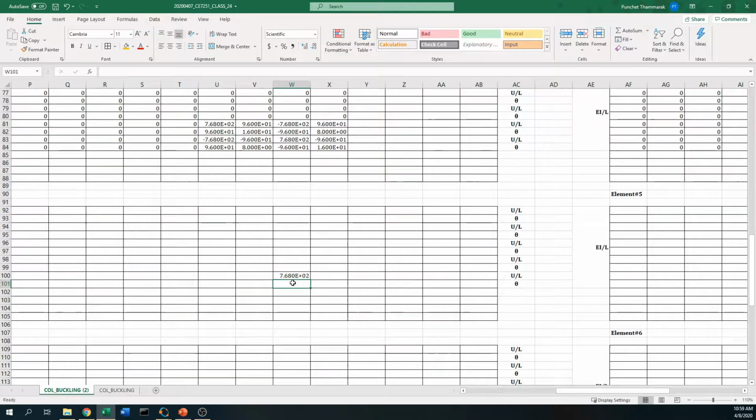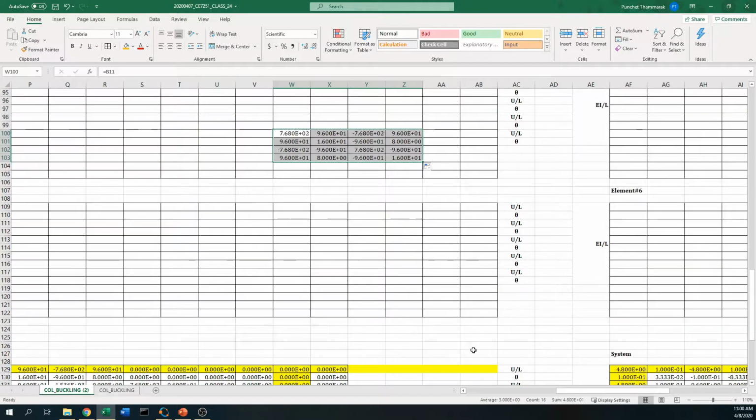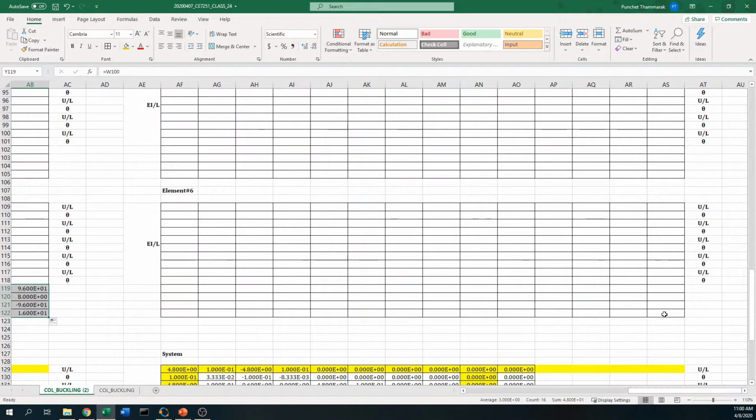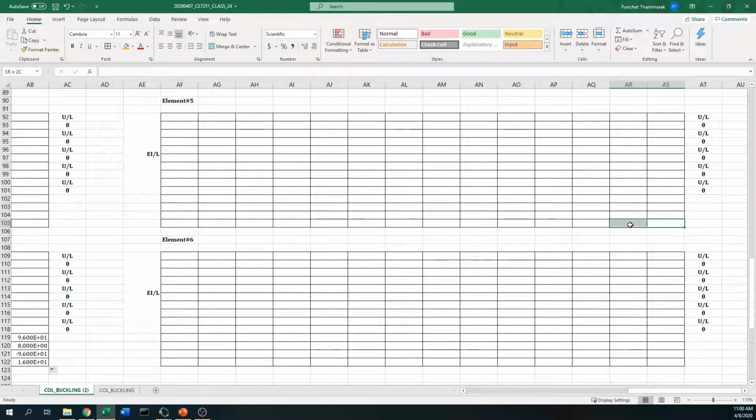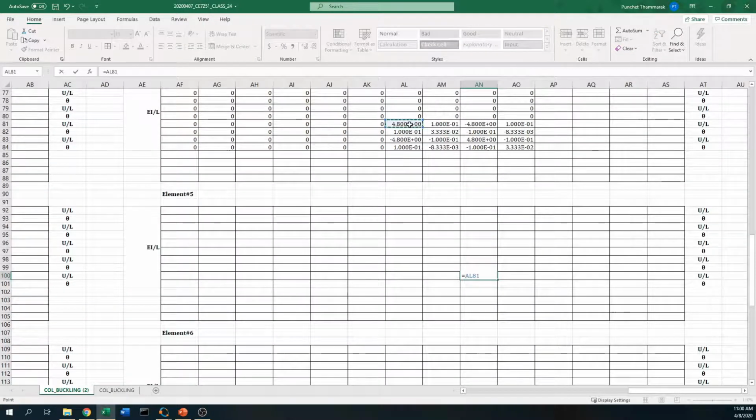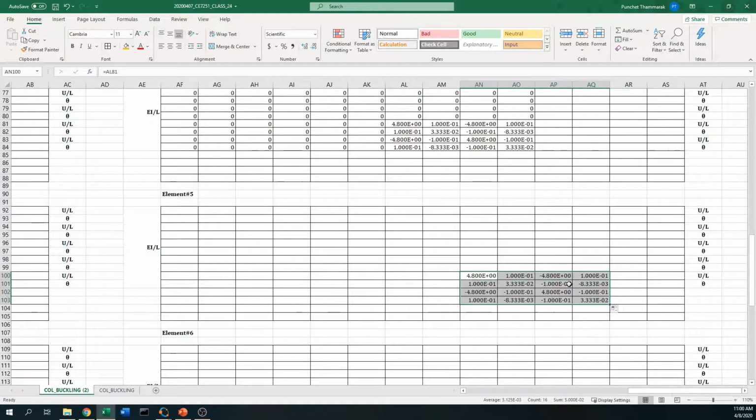Actually I can take it from above because the element size is made to be the same, 4 by 4. And this one, 1, 2, 3, 4, is equal to this. So copy and copy, and that's it. Easy, right? And now for this one, 1, 2, 3, 4, 5, 6, and 1, 2, 3, 4, 5, 6. I equate this to this one, same stiffness, and there it is.